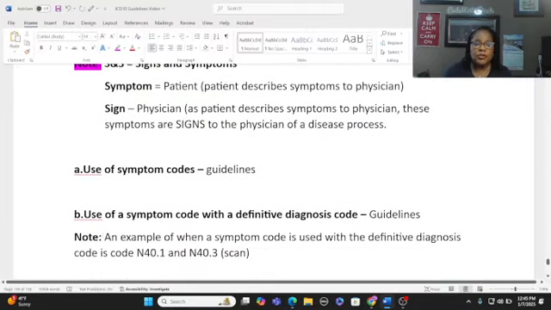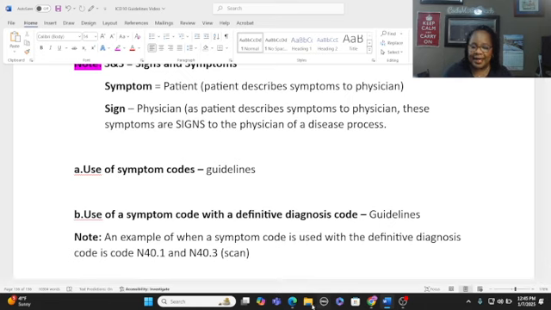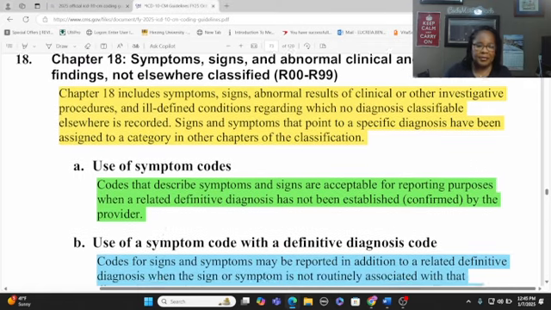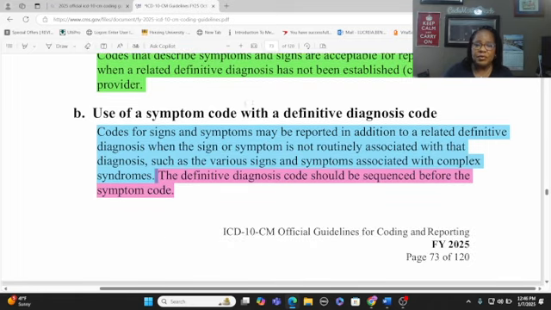B, use of symptom codes with a definitive diagnosis. Let's go to the guideline first. Codes for signs and symptoms may be reported in addition to a related definitive diagnosis when the sign or symptom is not routinely associated with that diagnosis, such as the various signs and symptoms associated with complex syndromes.